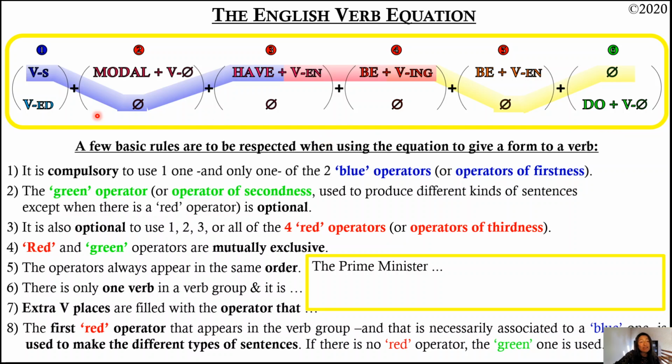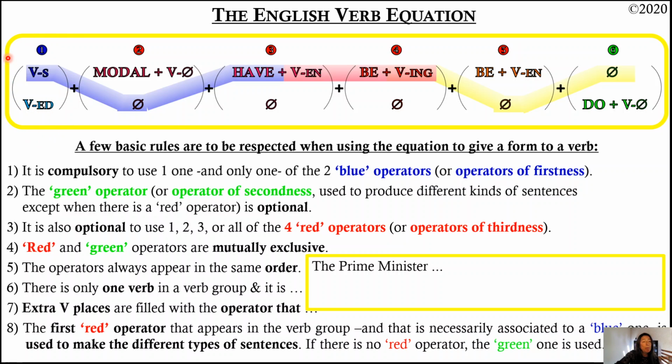So that leads us to conclude that in order to create all the tenses that exist in English, we need to use only these three pairs of operators.